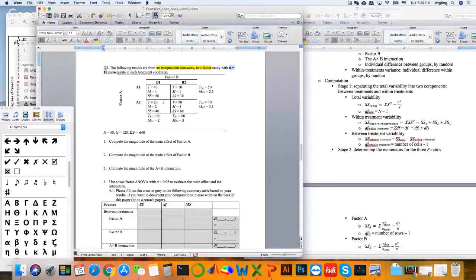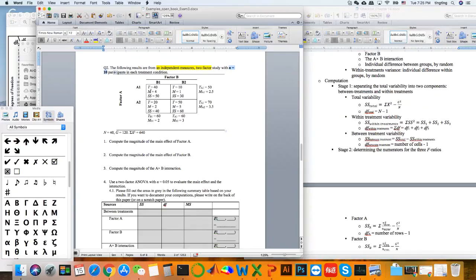So here, which is the design matrix, right? To read this design matrix, we know the rows are the factor A, which have A1 and A2. So the columns are for the factor B. The left side is B1, the right side is B2. T is the total in this cell, meaning A1 and B1.